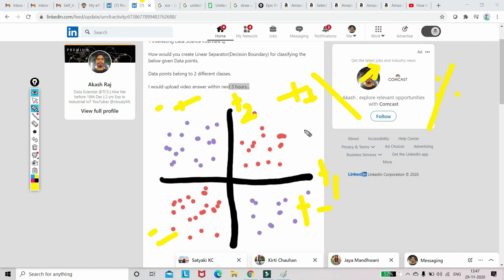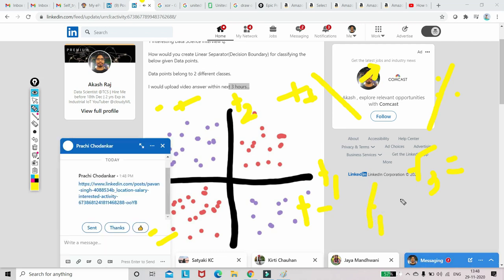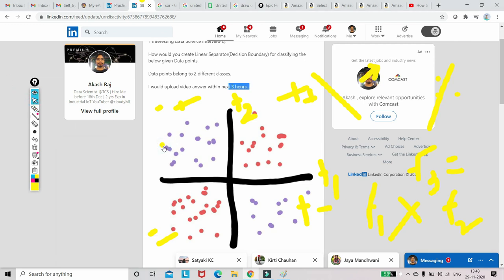If we make a feature 3 equal to f1 into f2, then this point, positive into positive, will become positive, and negative into negative will also become positive, and it will come on this side.